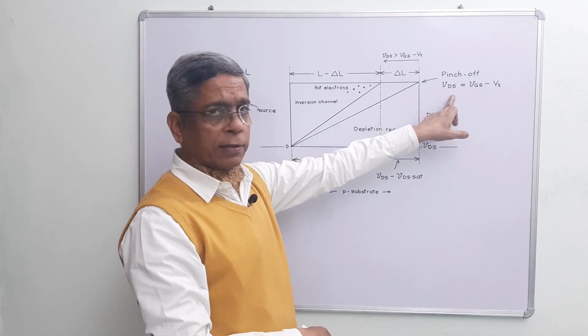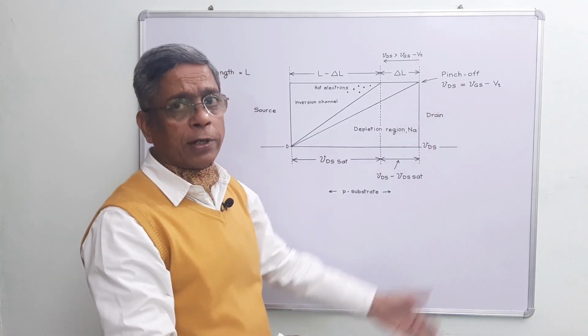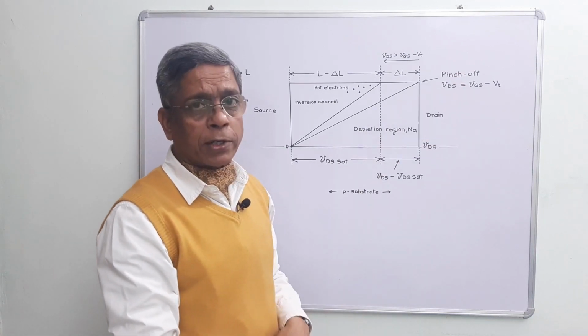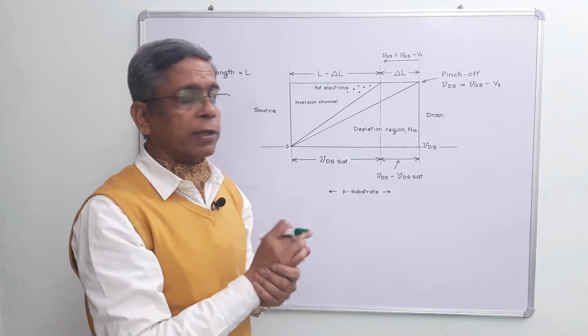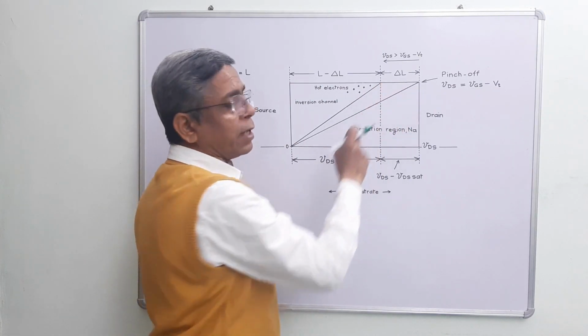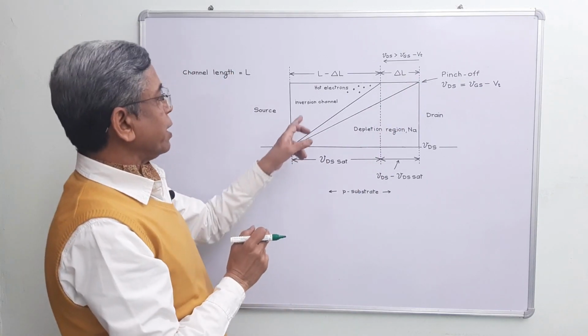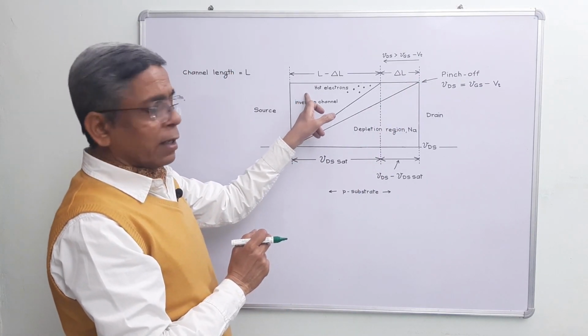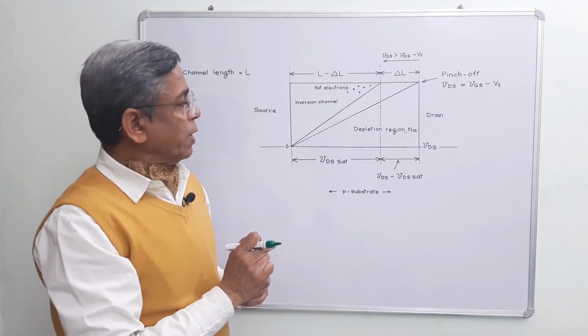When VDS, the potential difference between drain and source, is increased in the saturation region beyond pinch-off, the length of the inversion channel reduces by delta L, and ultimately the remaining length of the inversion channel is L minus delta L.